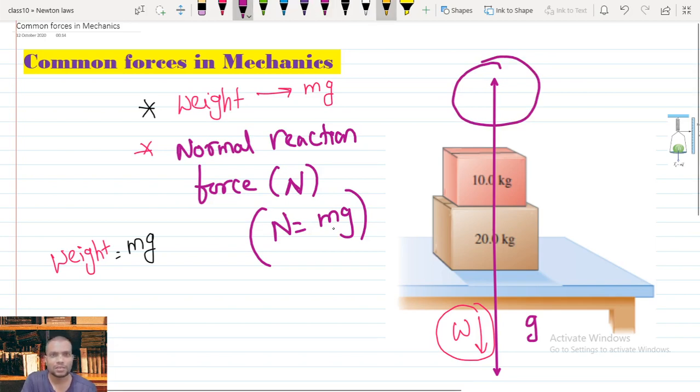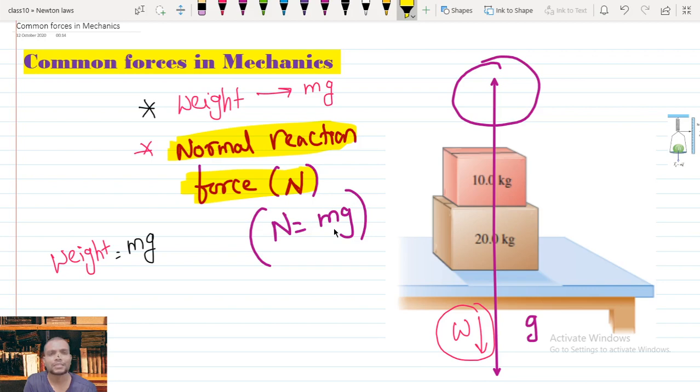This is something new for us, the normal reaction force, which always acts on any object to counterbalance the weight on the object. So this is the second force, which is known as normal reaction force.